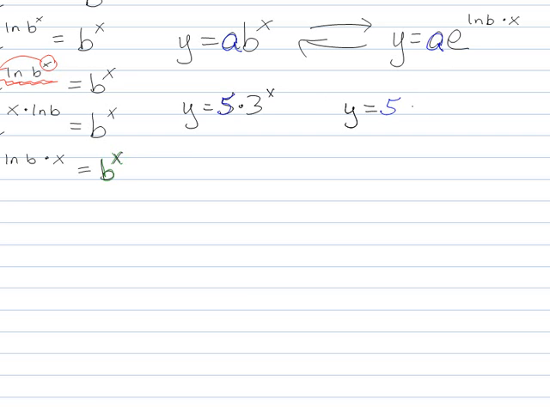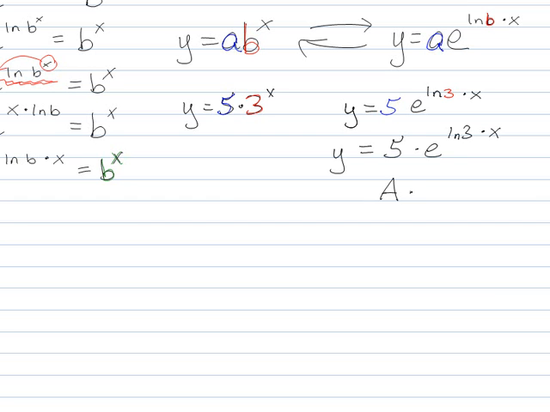And then I have times e to the natural log of, so my b is the thing I take the natural log of, then times x. So y equals 5 times e to the natural log of 3 times x.